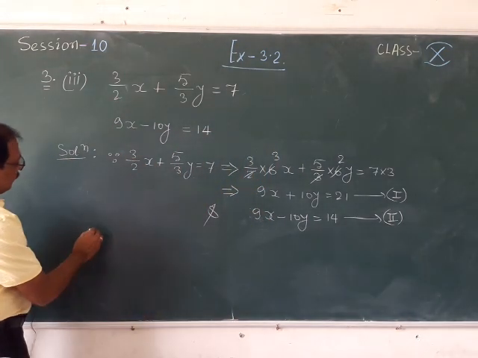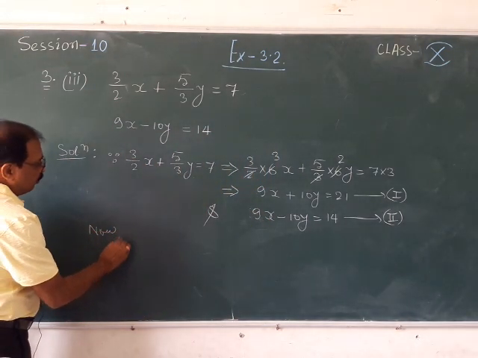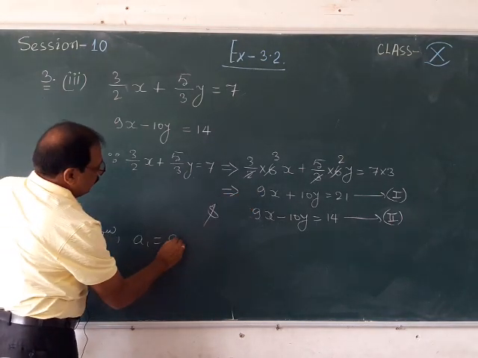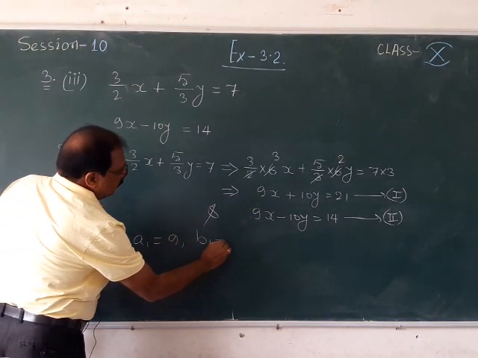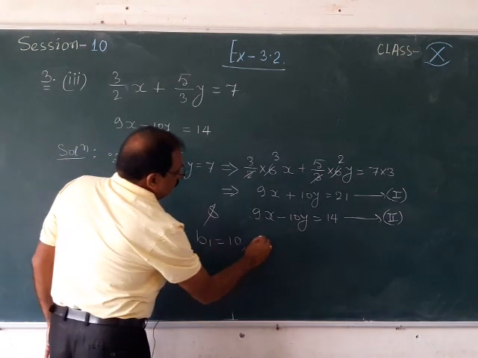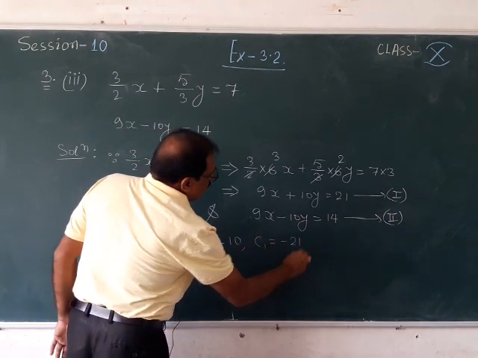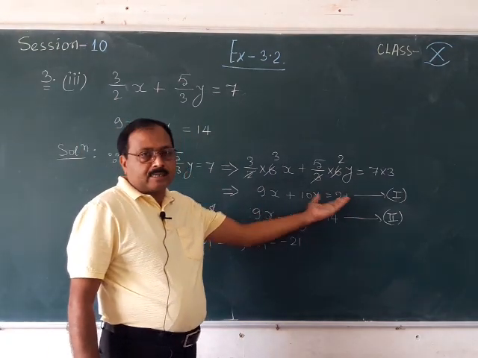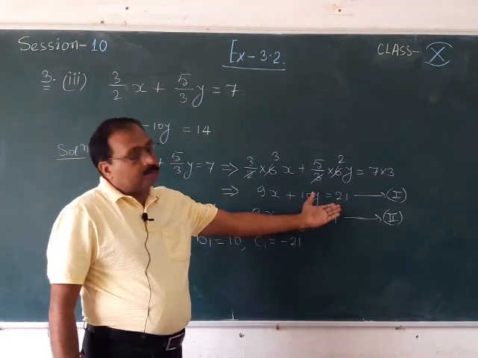Now you can see what the value of A1 is. A1 is clearly 9, B1 is 10 and C1 is minus 21, because when you take this 21 to the left side, its sign will change.